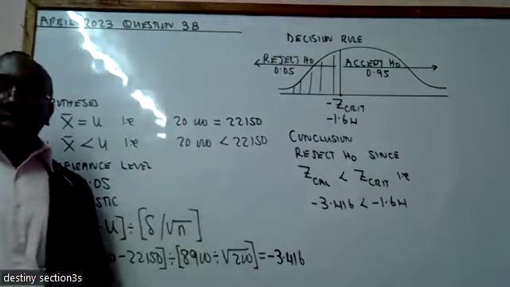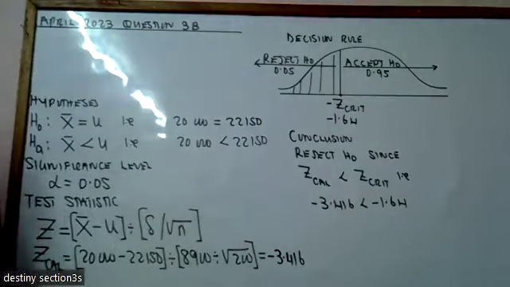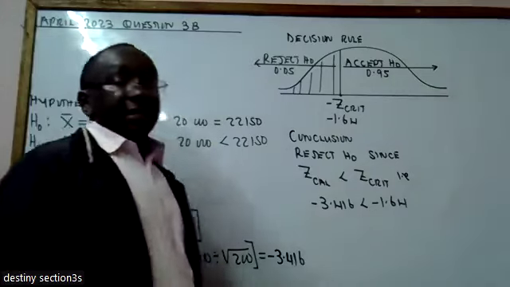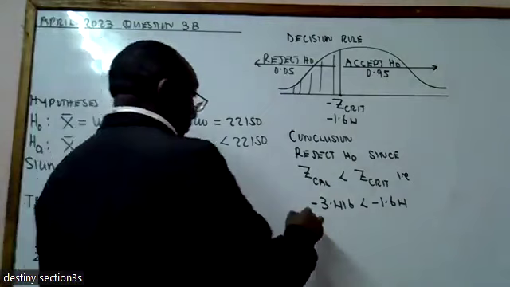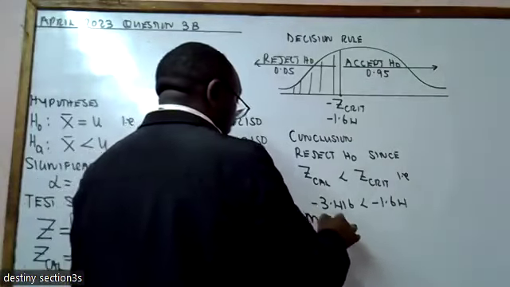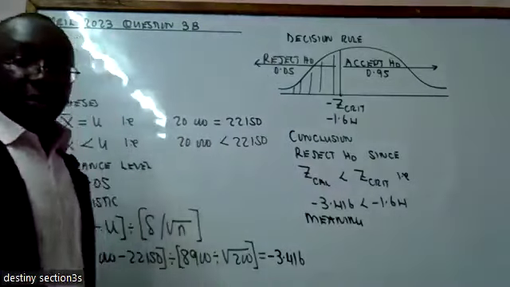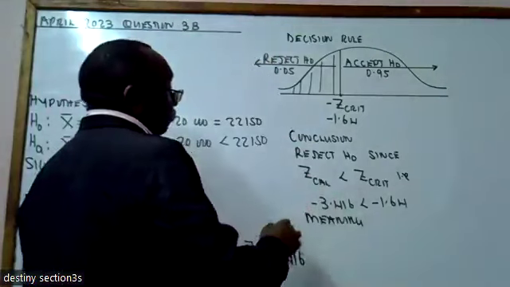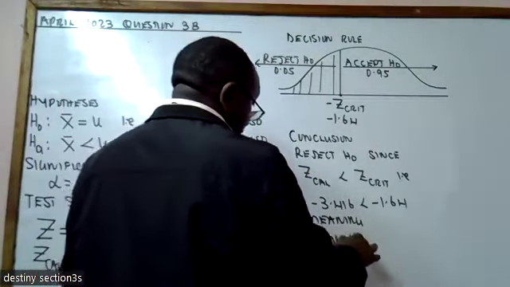If you reject the null hypothesis since Z calculated is less than Z critical, what does that mean? The meaning of that is the rent paid is 20,000.